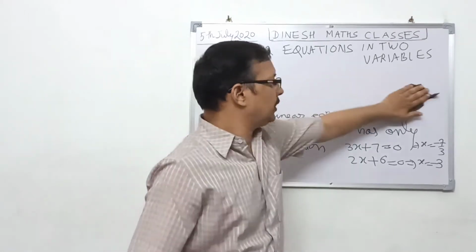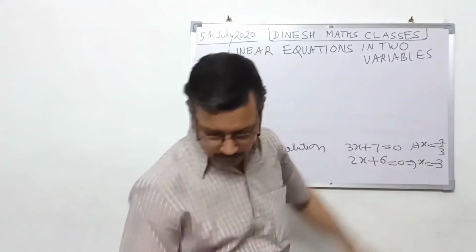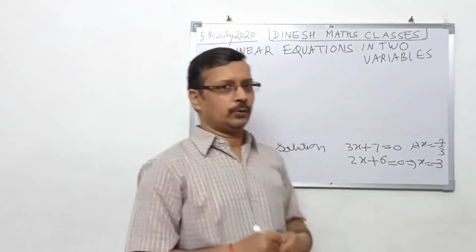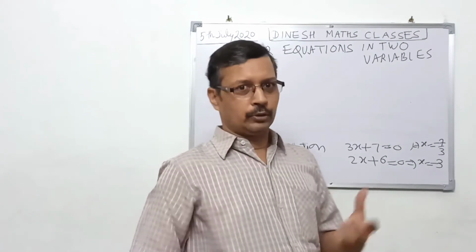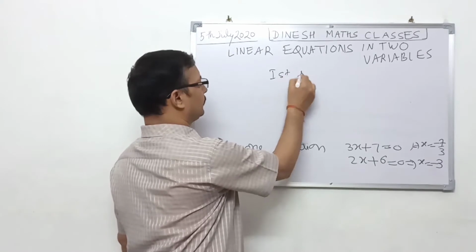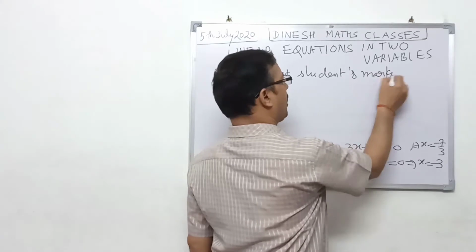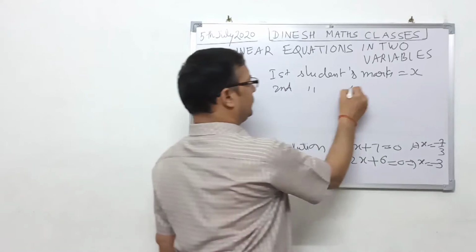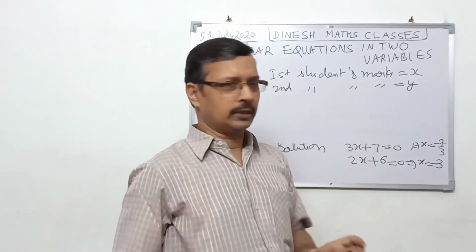So now see where we require all these types of equations. For example, suppose in a class test the sum of marks of two students is 20, but you don't know the actual marks of both the students. Suppose first student's marks are x, second student's marks are y, then it is given that the sum of their marks is 20.